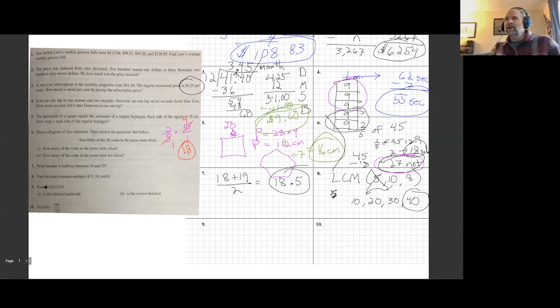Okay. All right, number 9, round to the nearest hundredth and then to the nearest hundred. So big difference: hundredth and then hundred. Okay, so I'm going to write the number here. First step to rounding is to circle the digit you're asked to round to. So if this is A, I'm going to circle the nearest hundredth, that second 2, right?